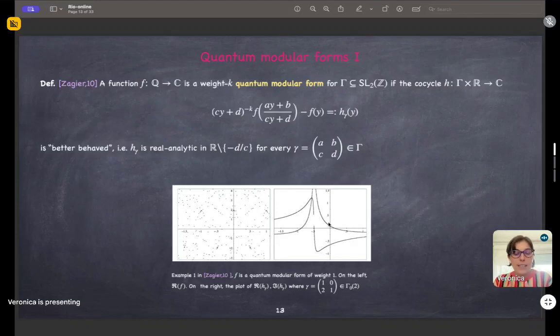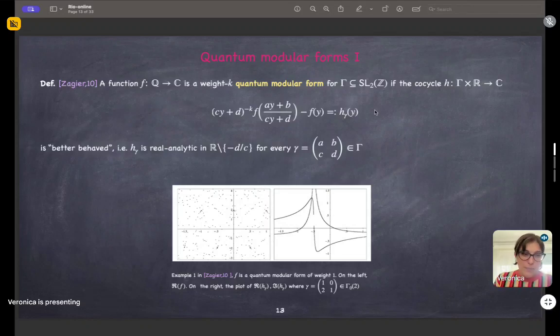And here you see that, in fact, it's much better behaved. It's defined over the reals, and it has this nice graph. So you should really think of quantum modularity as a sort of minimal requirement for a function to be modular in some sense, but it's not quite modular. In fact, this function h is precisely what measures the failure of modularity.